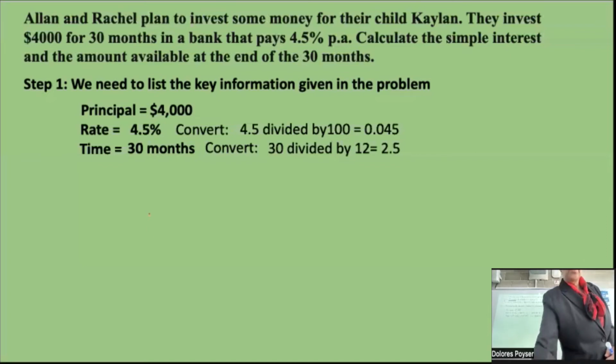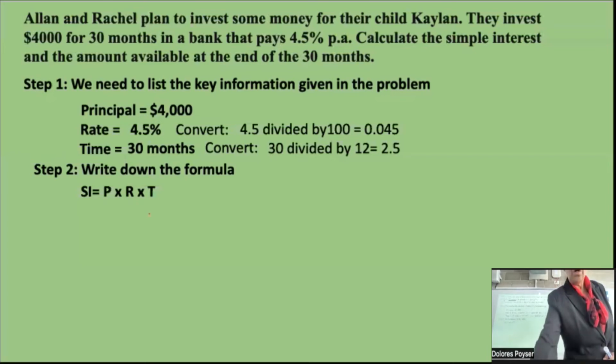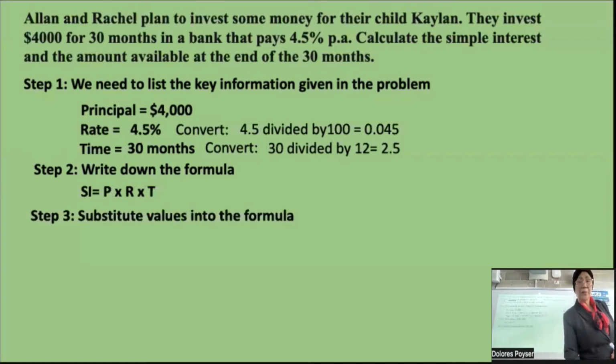Okay. So step 2, we get the formula. That's our formula there. SI equals P times R times T. Okay, step 3, substitution. So we now substitute SI, which we're working on.